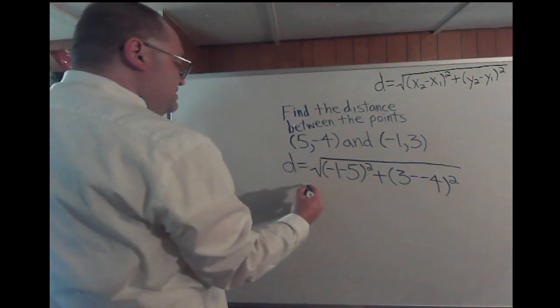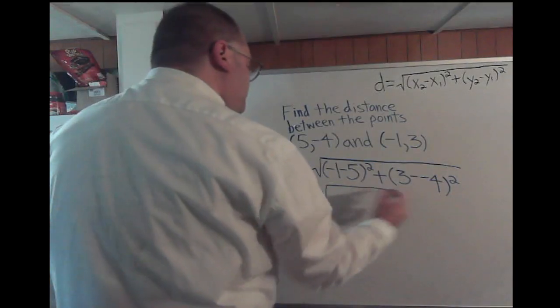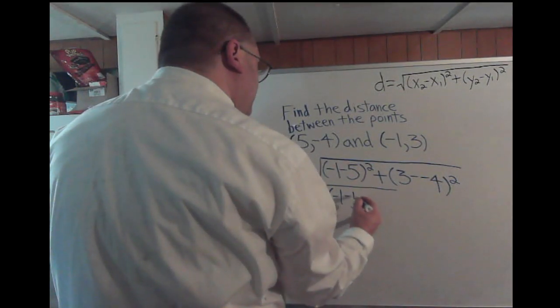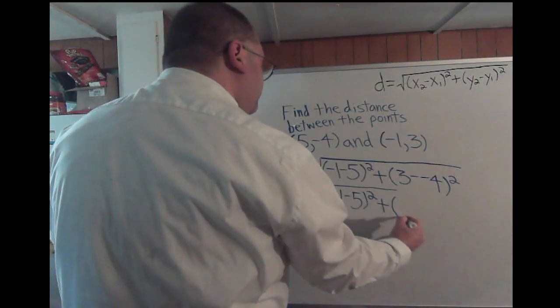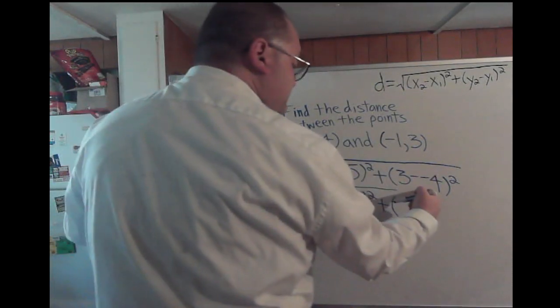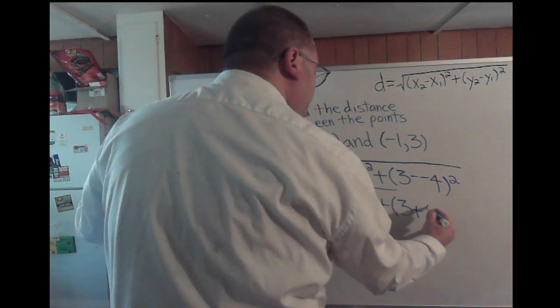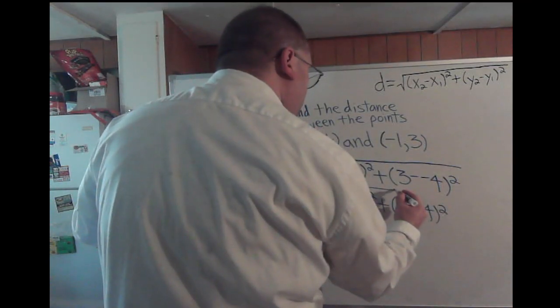Well, let's go in and simplify this some. We still have the square root of -1 minus 5 to the second power, plus, then we have 3 minus -4, that's the same as 3 plus 4. That would be raised to the second power.